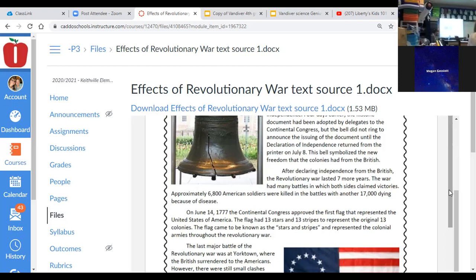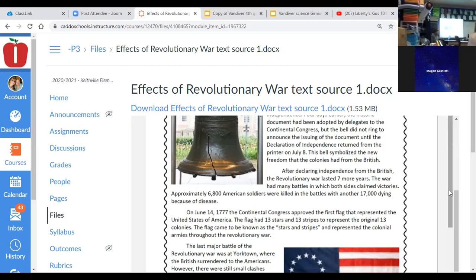On June 14, 1777, Congress approved the first flag that represented the United States of America.